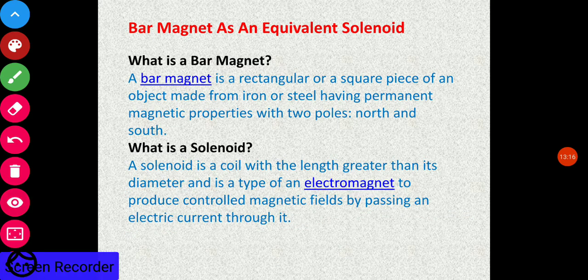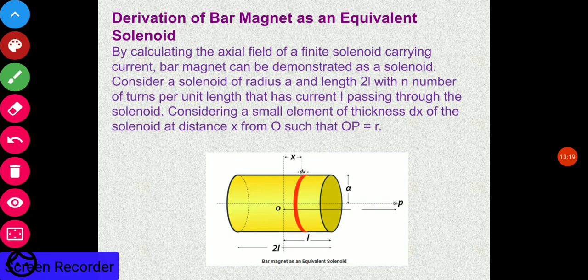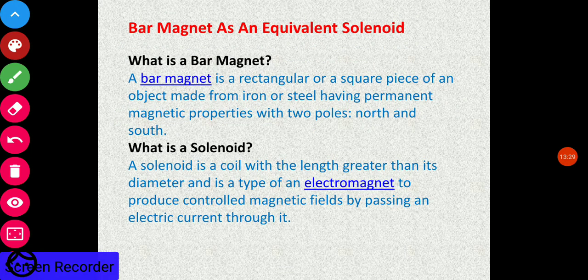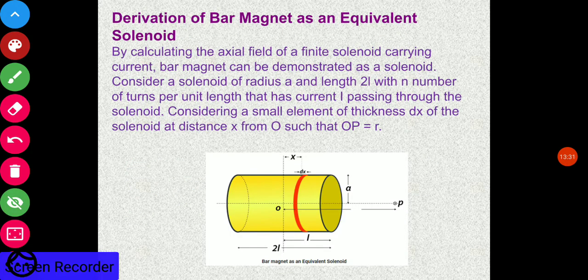Now we will discuss that a bar magnet is similar to a solenoid. For this, we will calculate the axial field of a finite solenoid carrying current. A bar magnet can be demonstrated as a solenoid.